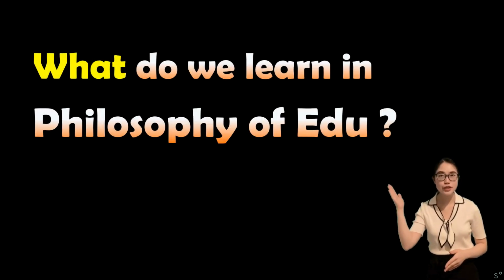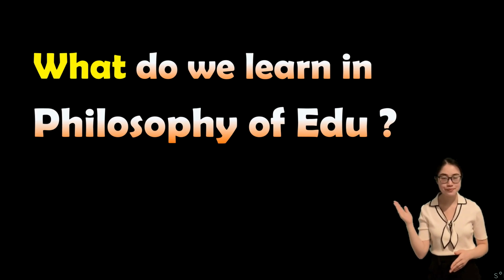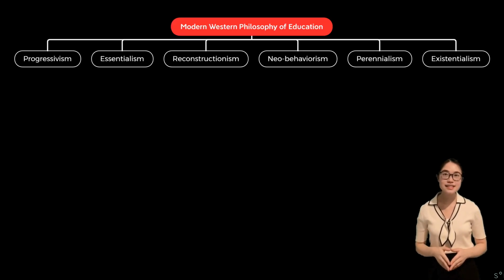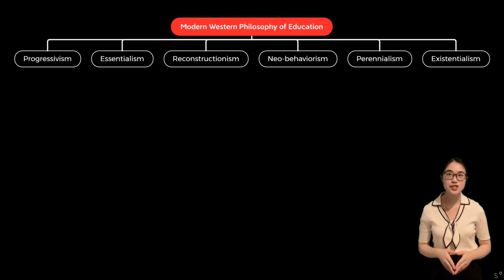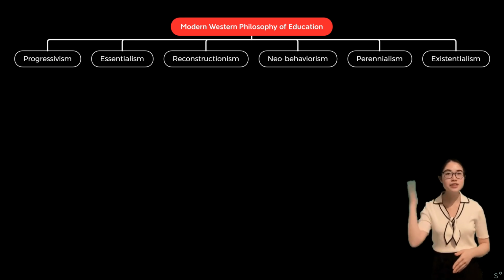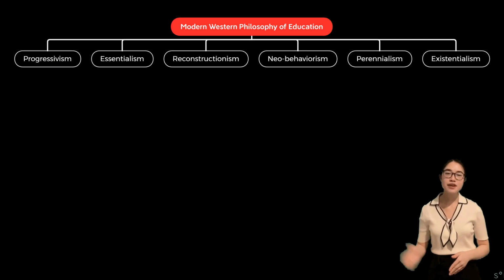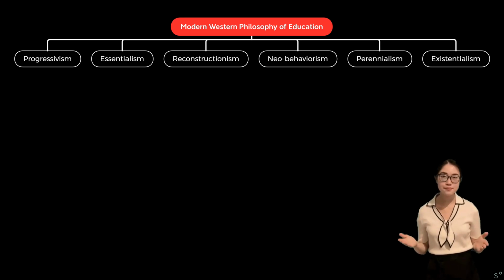So now, we got the reason to learn the philosophy of education. Our next question is, what do we learn in philosophy of education? I listed the 6 modern Western philosophy of education here. When I learned the basic ideas of them, I found that they are highly abstract.